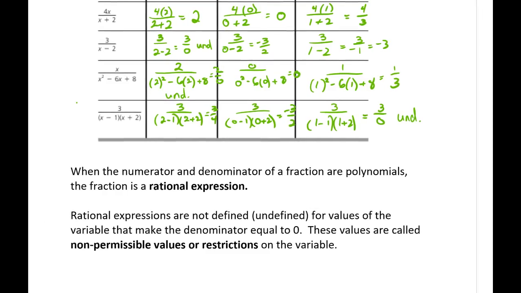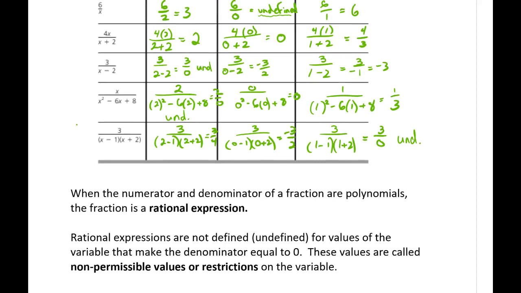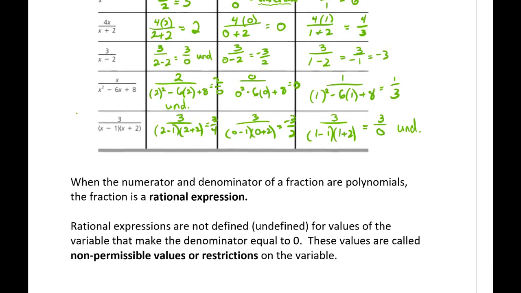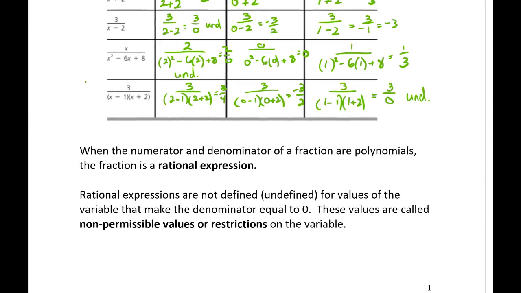So checking over all of those expressions, those are all rational expressions. And note, where the denominator is 0, we have undefined expressions. Okay, so very quickly, a rational expression is where the numerator and denominator of a fraction are polynomials. If you remember, a polynomial is terms with variables in them.